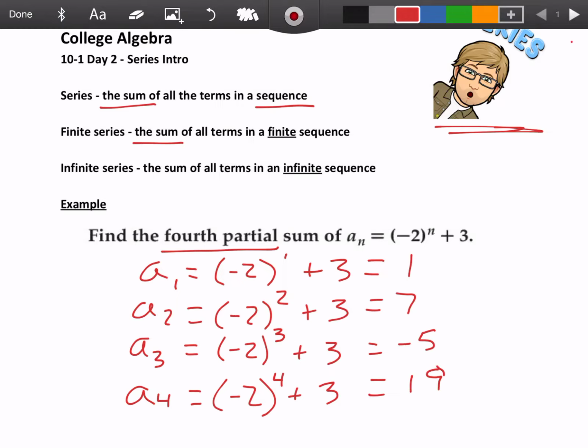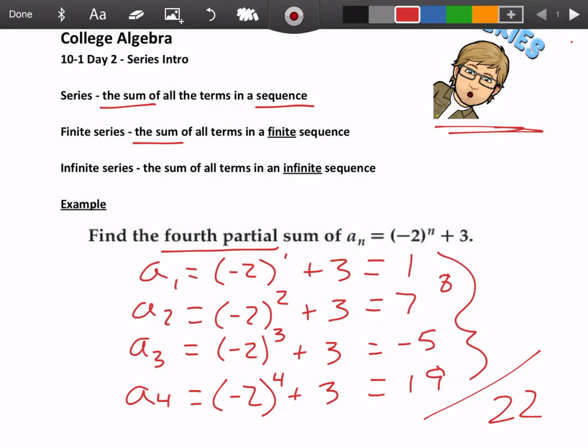And then all we have to do is add up all of these together. So I just come up with a sum. So this would be 8 and 8 and -5, that would be 3. So this would have a sum of 22.